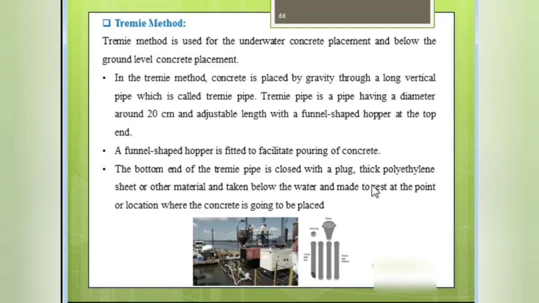Tremie method. In the tremie method, instead of the bucket type we have observed, one big funnel is there. Through that funnel, we can pour the concrete at the particular site where we require.